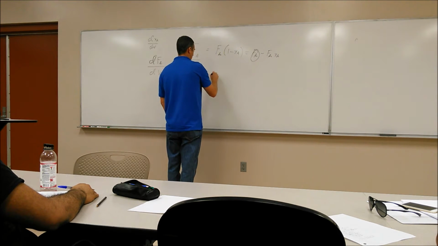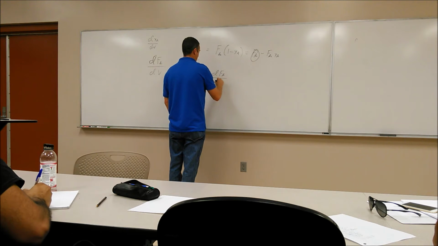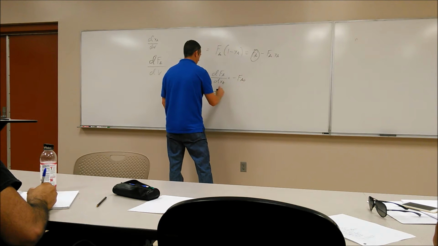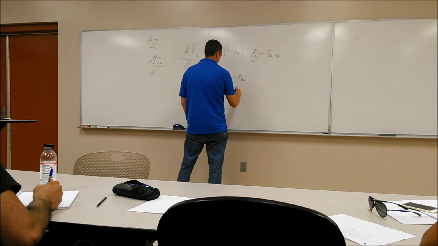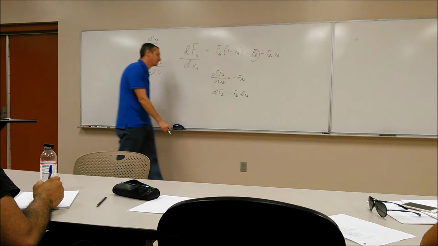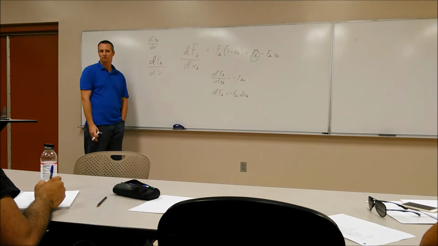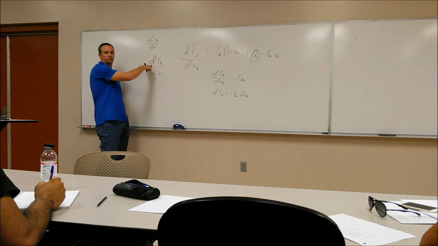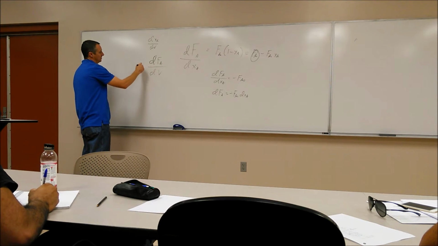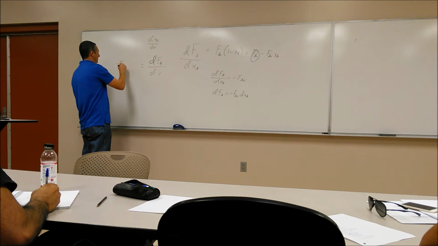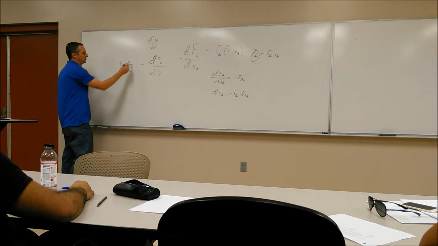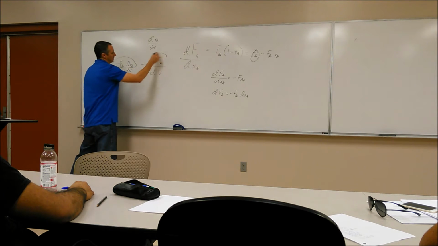So you would get dFA/dXA equals minus FA naught, or dFA equals minus FA naught dXA. Right? So now, when you come to this guy, you will just say dFA/dV equals minus FA naught dXA/dV. You substituted this in for that.